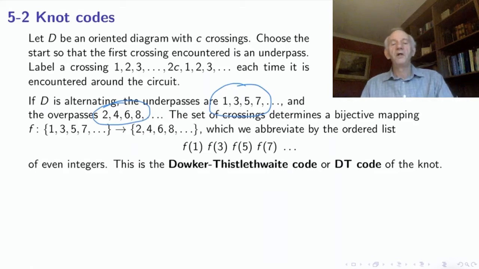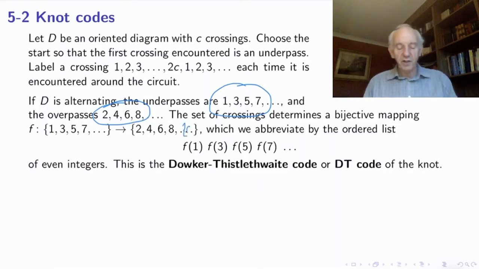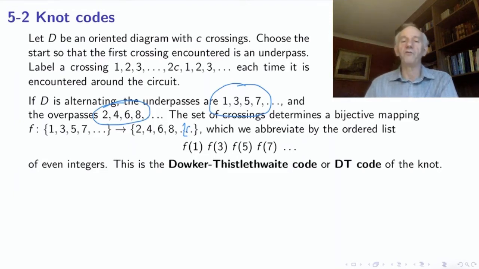So the set of crossings will define a bijection from the set of odd numbers to the set of even numbers up to 2c, if there are c crossings. And then the code is just a list of the even numbers in order, the images of 1, 3, 5, 7, those even numbers. That is the DT code, the Dowker-Thistlethwaite code of the knot.